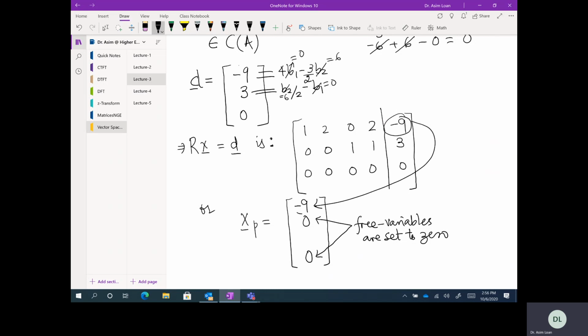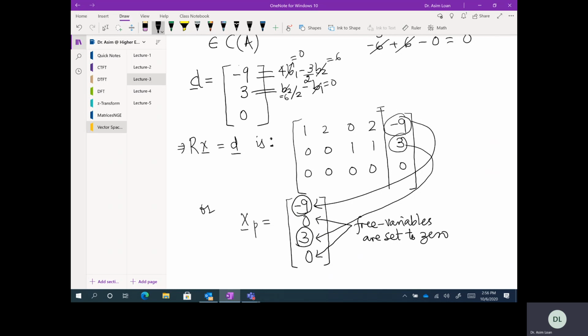So this is minus 9, and this 3, because that vertical line represents the equal to symbol. So this is already on the right, and this one is 3 here, giving 3, 0, minus 9, 0.